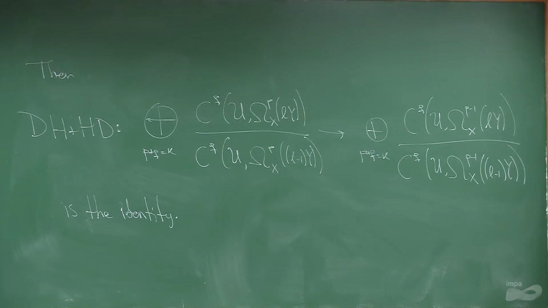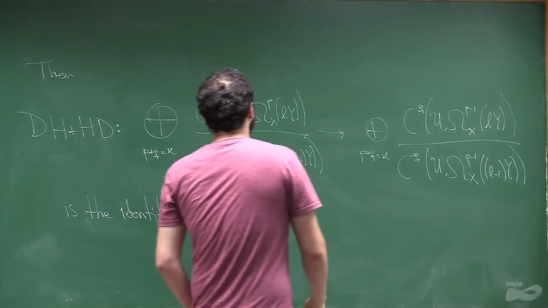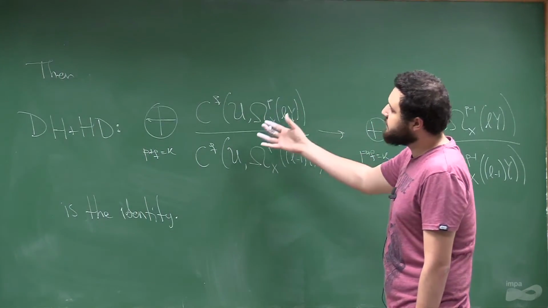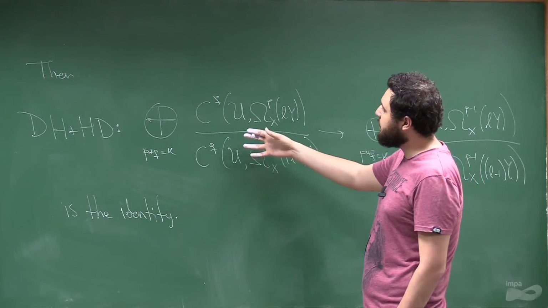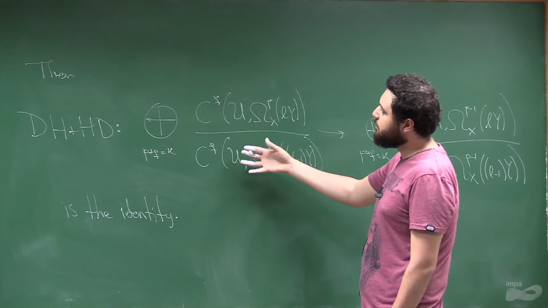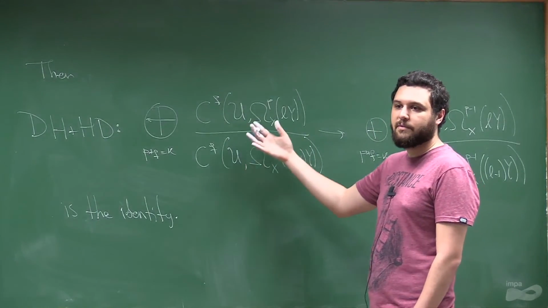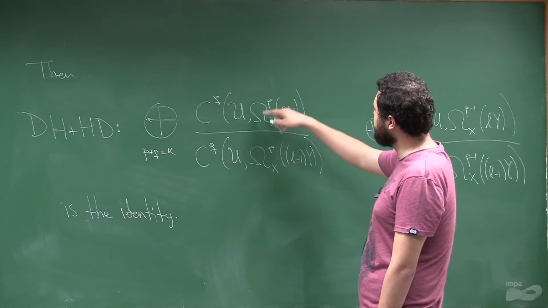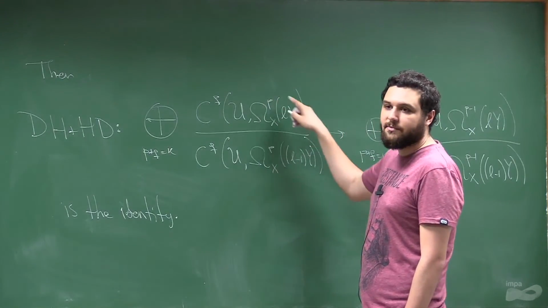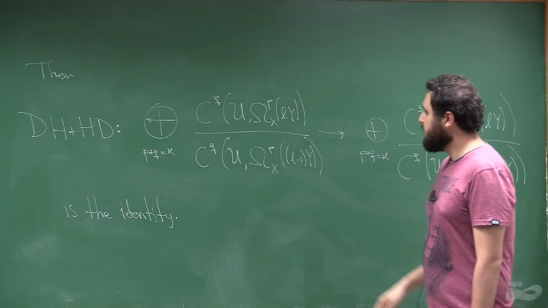So here, this is the quotient of the simple complex associated to the double complex given by the Čech resolution of this complex of sheaves.